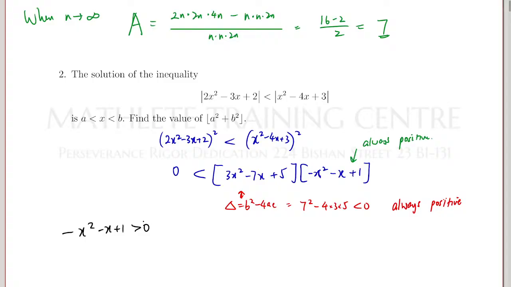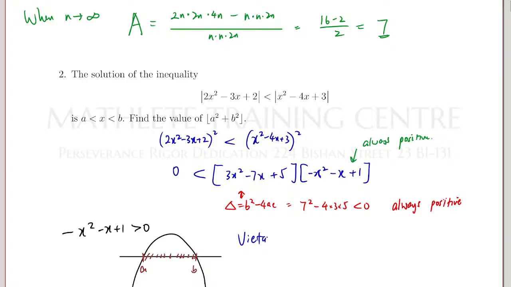Now, of course, I can use the quadratic formula and figure out the two x-intercepts to figure out the solution set, but here we don't have to. If you recognize by drawing the graph out, A is a solution, B is a solution. So how do I find A and B? We don't have to. We can just use Vieta's formula.